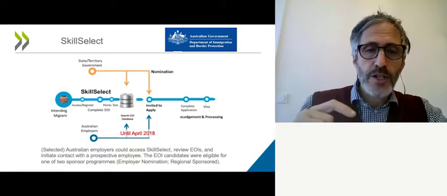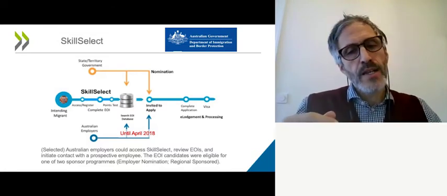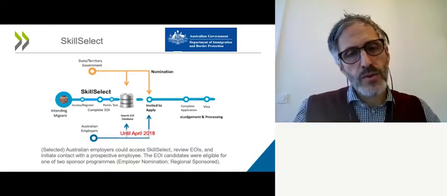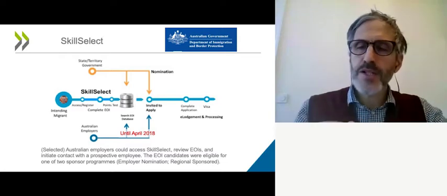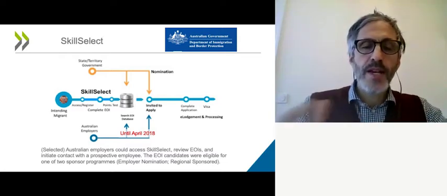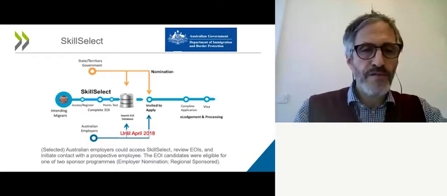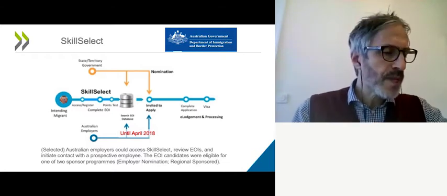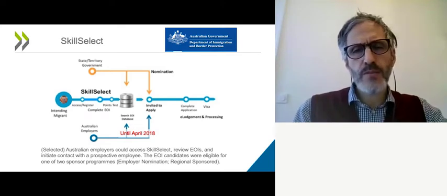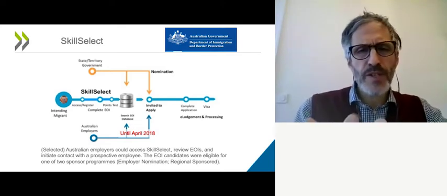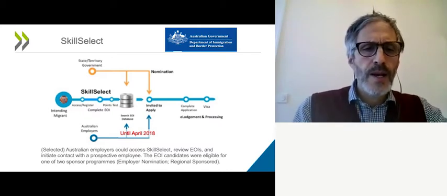There were some restrictions. The employers could only look at the profiles of candidates who specifically said they were interested in being contacted by an employer and to be sponsored for an employer visa. It was a subset. So what happened was this system was used. Any business really that was officially in the business registry could access the database.